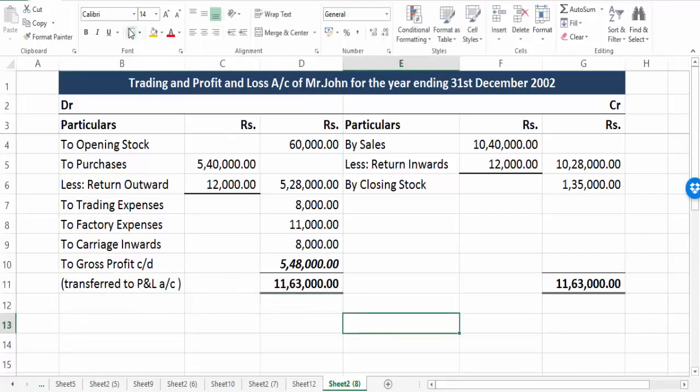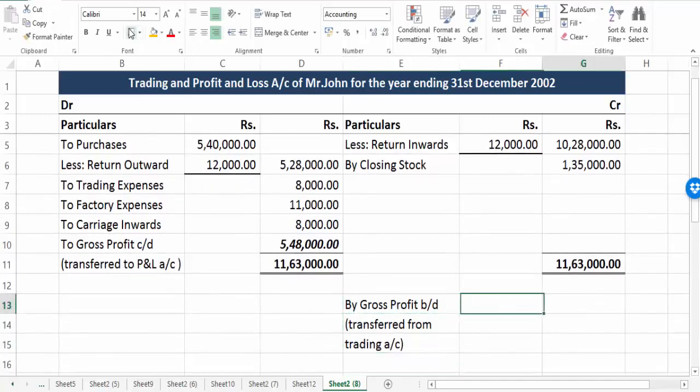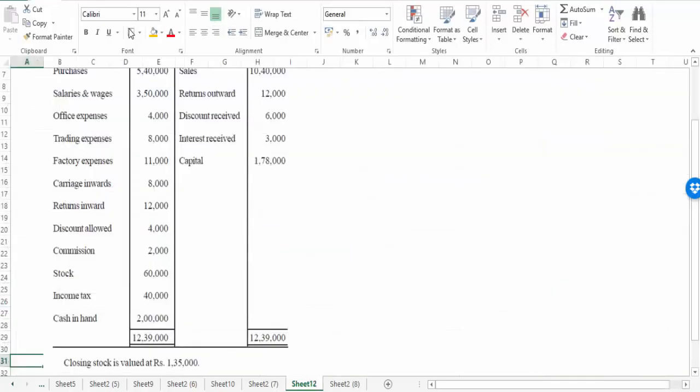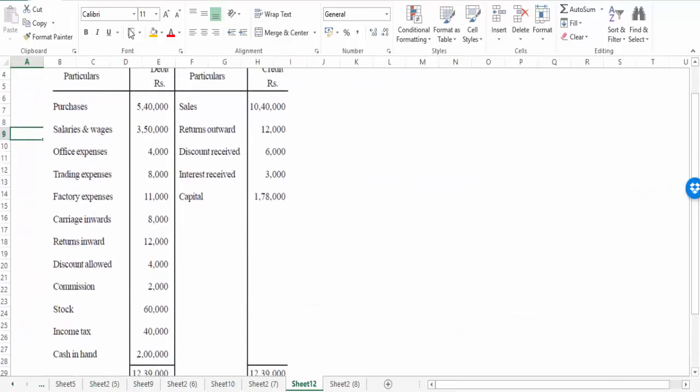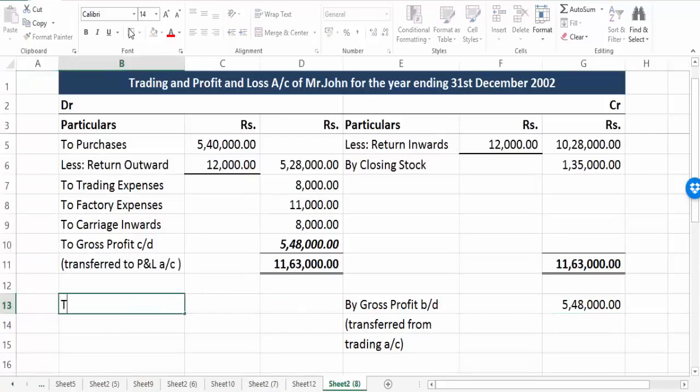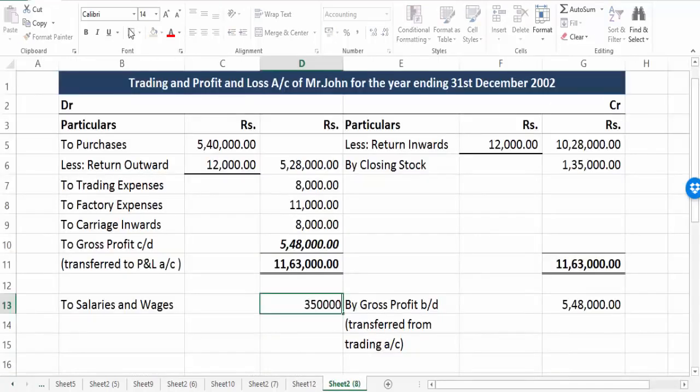So we'll go to profit and loss account. We'll say by gross profit, which is brought down, basically transferred from trading account. What was the amount? It is 5,48,000. Then we'll try to capture all items related to profit and loss account. So here we have salaries and wages 3,50,000. To salaries and wages, 3,50,000.